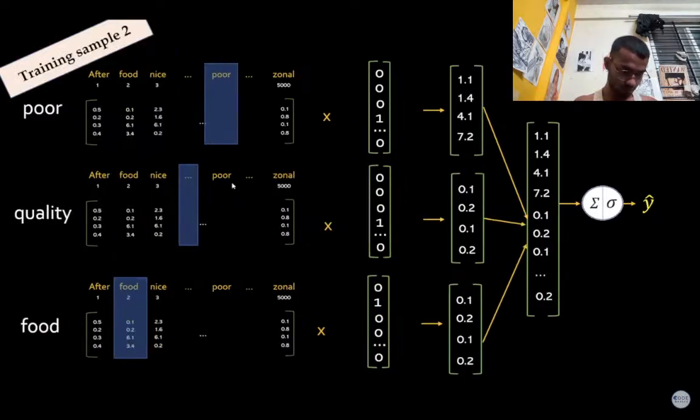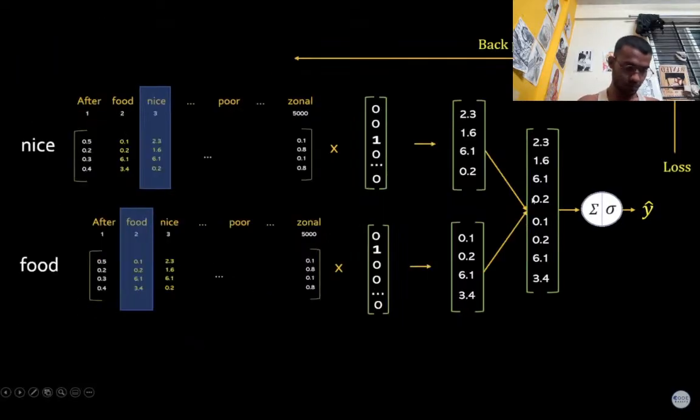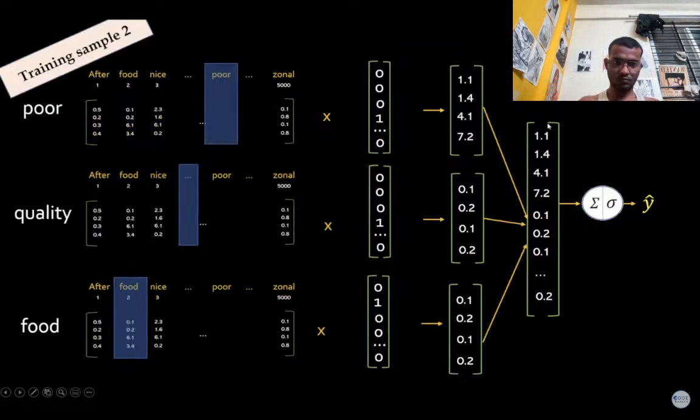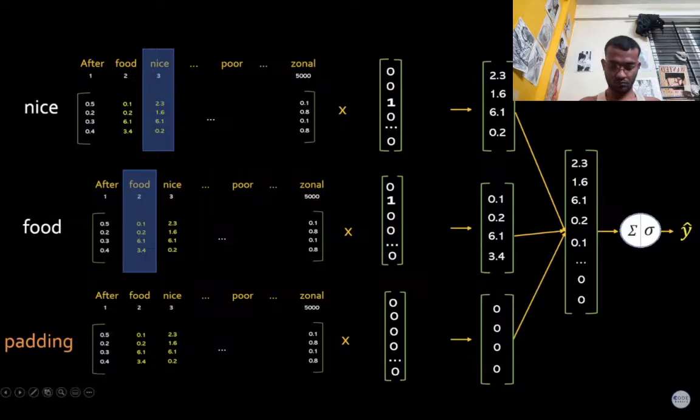Now you will ask me a question: in the first sample we had only 2 words, in the second sample we have 3 words. So the neural network architecture needs to be fixed. It cannot change, right? In the previous one, I had only 8 neurons in my first layer. Here I have 12 neurons. How is that possible? Well, you take the maximum sentence size and you do padding for the remaining words.